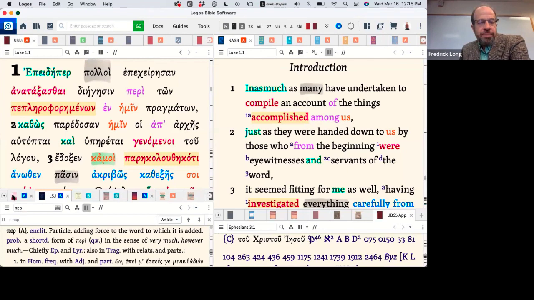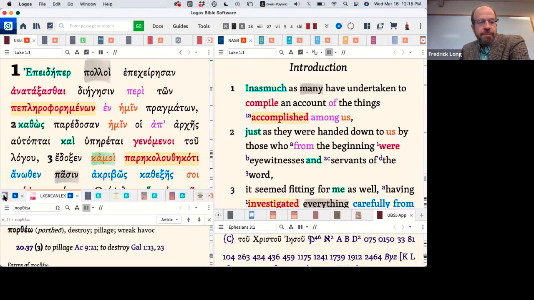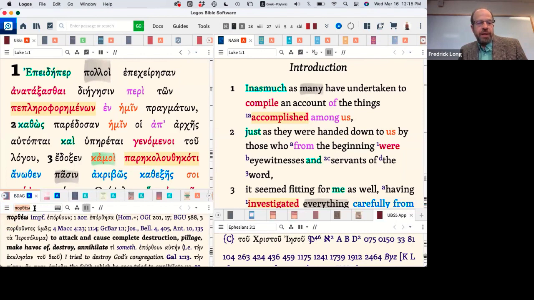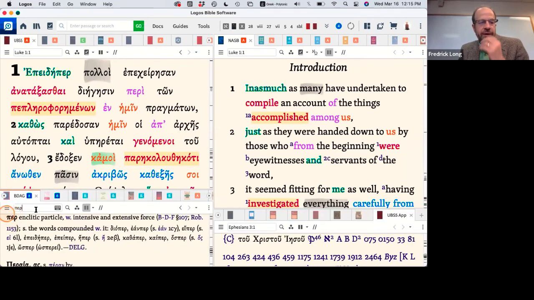We can also look it up in BDAG. What's interesting about per is that it never occurs alone in New Testament Greek. It's always added to conjunctions. And I would say it's added for effect, and even our lexicon recognizes that with intensive or extensive force.